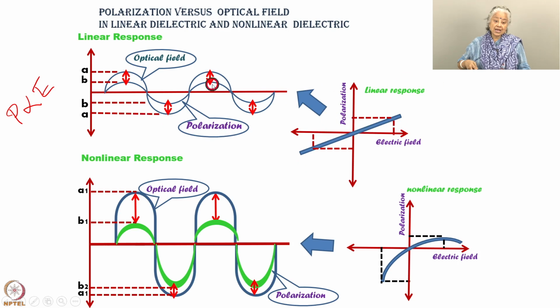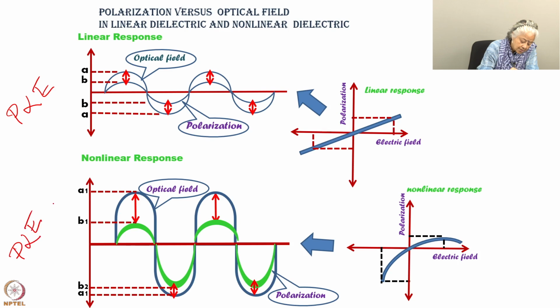Now, what will happen when I have a nonlinear response? So, in the nonlinear response, P is no longer proportional to E only, but P is proportional to E plus P nonlinear, that is, P is proportional to E plus E square plus E cube plus, and so it goes on.